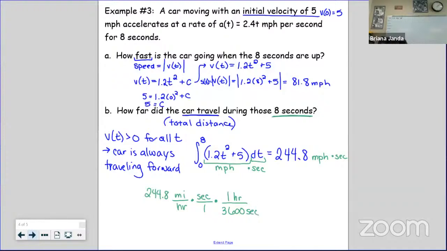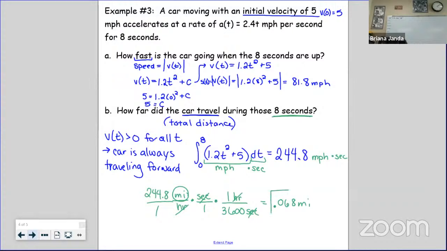Okay, so going back to a little dimensional analysis, that means my seconds can cross off here, my hours can cross off here, and what I have left over will be in miles. Multiplying all the way across the top, all the way across the bottom, we end up with 0.068 miles.